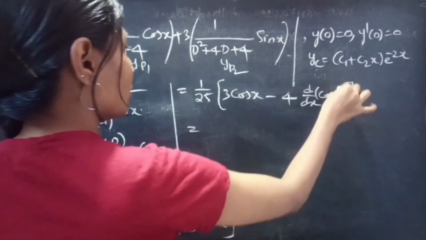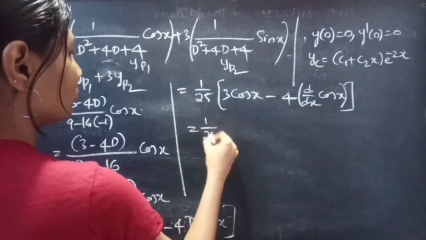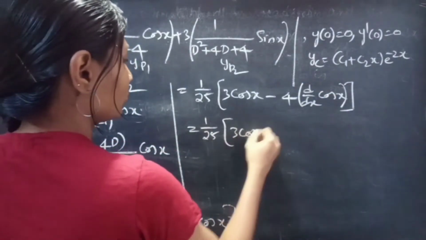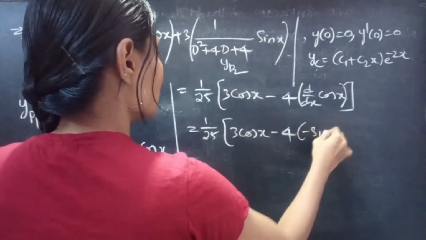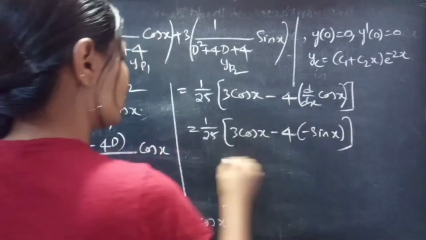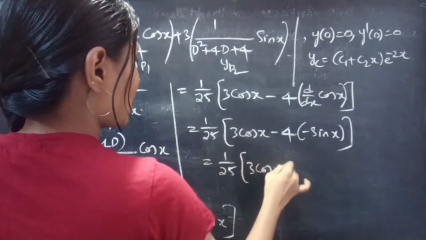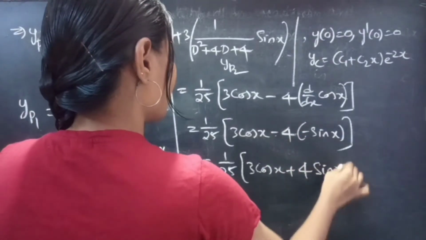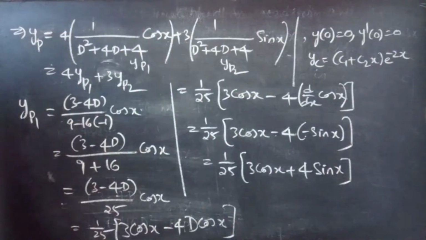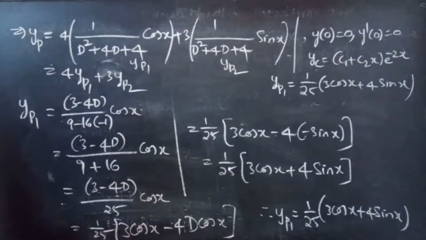Now we need to find the derivative of cos x. 4 into the derivative of cos x, which is minus sin x, equals 1 by 25 into 3 cos x plus 4 sin x. Now let's find yp2.